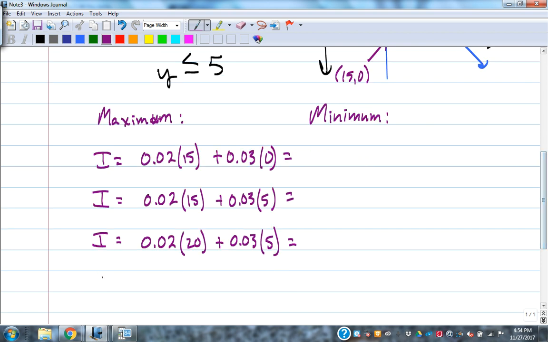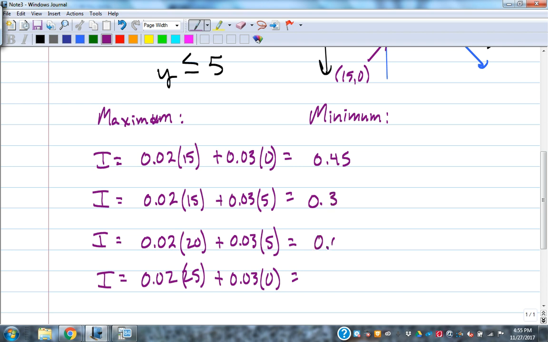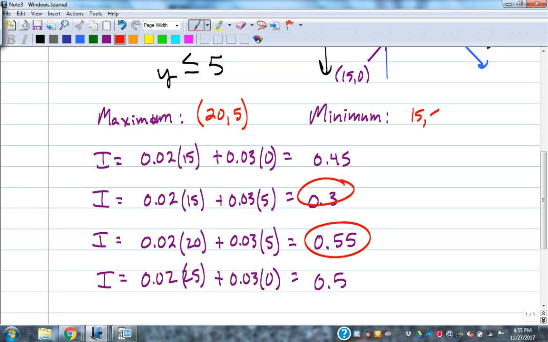Get that number. And then 0.02 times 25 plus 0.03 times 0. I've got these numbers already, I've done this problem. So the maximum would be at the ordered pair 25, 5, and then the minimum would be at the ordered pair 15, 5.